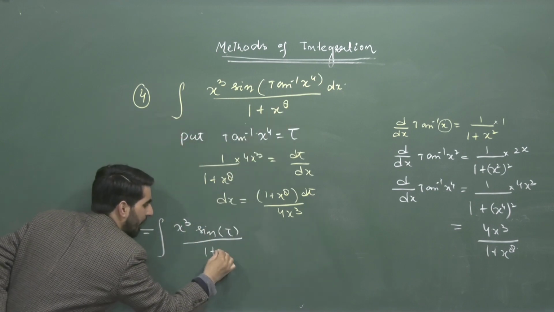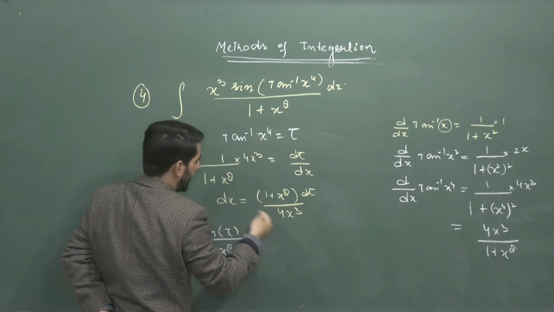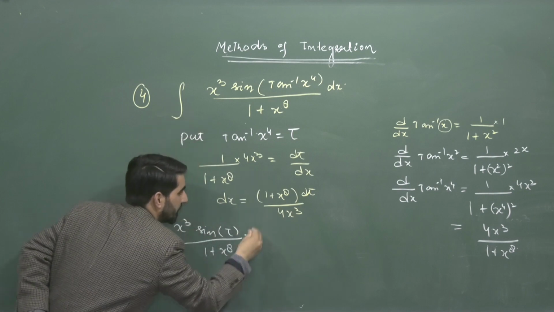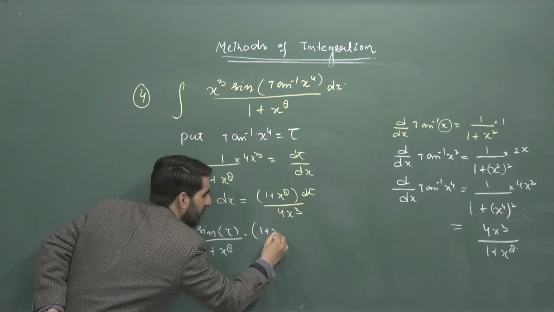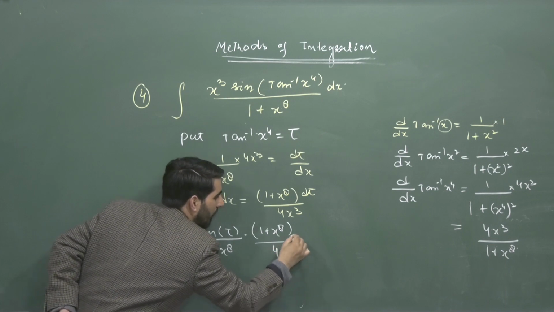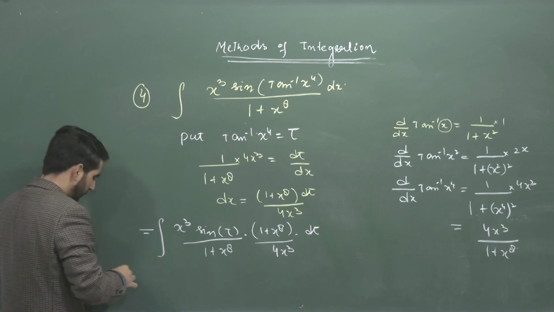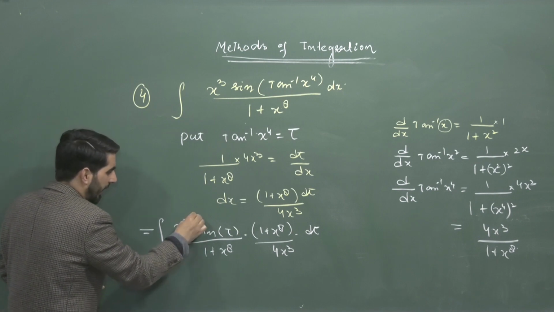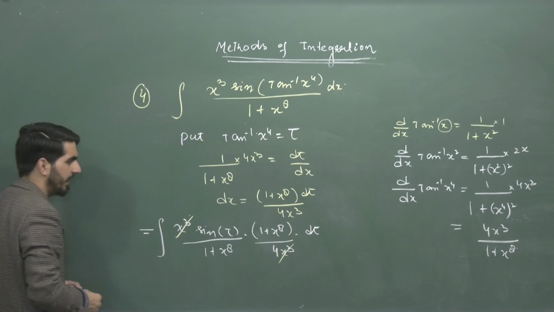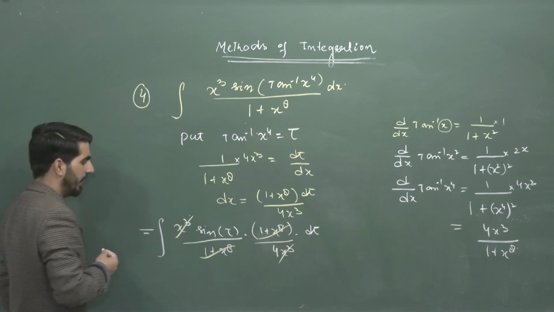So, we will write here 1 plus x raised to power 8 into dx, the value of dx will be this 1 plus x raised to power 8 divided by 4x cube into dt. So, 4x cube, x cube and x cube will be cancelled here, and 1 plus x raised to power 8, 1 plus x raised to power 8 will be cancelled.